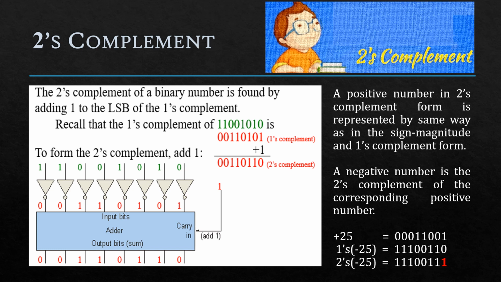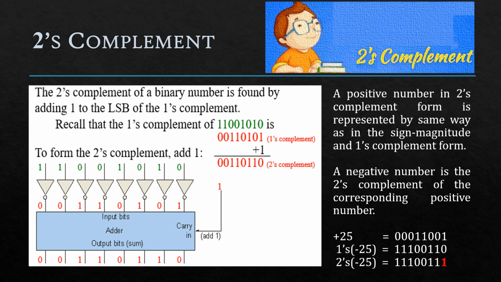If we add 1 to the LSB of this 1's complement, we get the 2's complement. So the 2's complement of a binary number is obtained by adding 1 to the LSB of the 1's complement. If you want to find the 1's complement of an 8-bit number, we need 8 inverters.